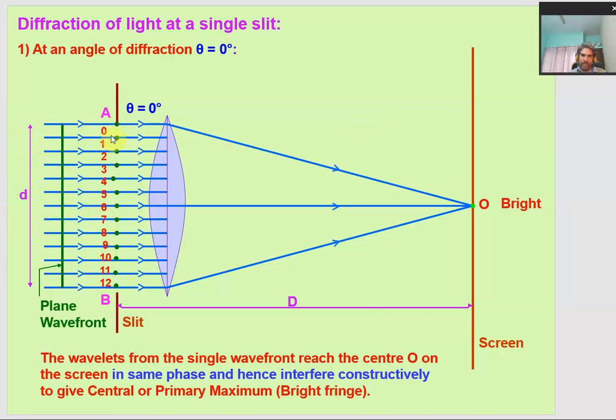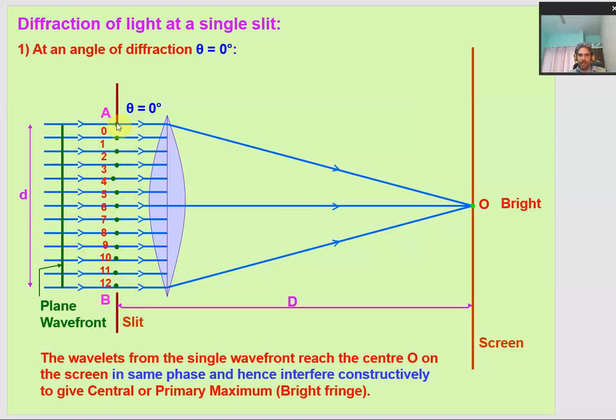It is the slit AB, right? It is the opening, a very fine opening. These plane wavefronts coming after this convex lens are approaching this slit, illuminating each and every point of this opening, or slit. The points illuminated are not just twelve, but there are infinite numbers of points of the slit illuminated by these plane wavefronts.